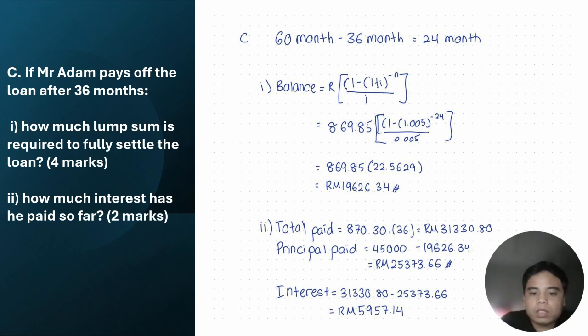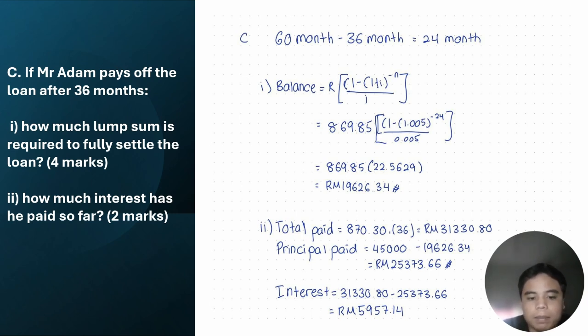And then changing the algebra into the numbers, which turns into 869.85, open bracket, 1 minus, open bracket, 1.005, close bracket, to the power of negative 24 over 0.005, and then close bracket. And then when you calculate it, we're going to get RM 19,626.34 cents.